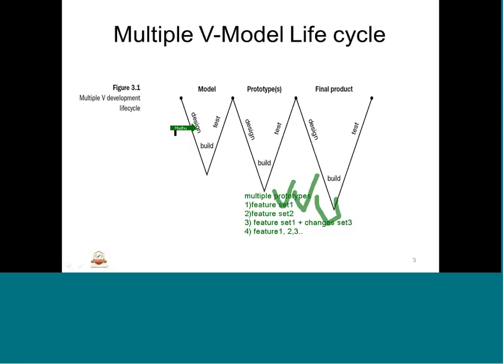All this together makes a bigger V model, which we can call the final product or formal life cycle. Usually this will be part of a master plan. You can call this one single V having multiple V's. That's why it's called the multiple V model life cycle.